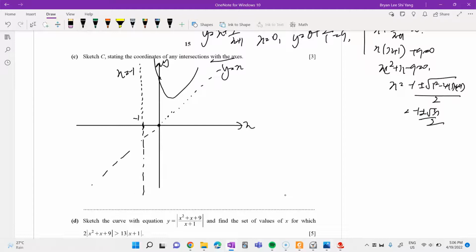You don't really need to draw it very beautifully because it takes a lot of time, and you don't really have that much time in the exam anyways. So 0, 9. Then the stationary point over here, 2, 5, and then not really accurate, but anyway, take it. Negative 4, negative 7.